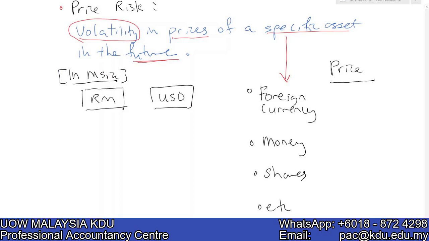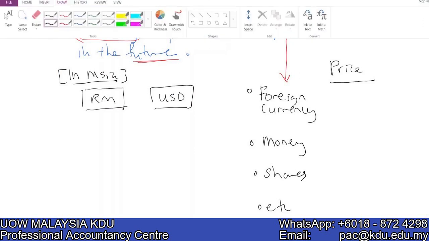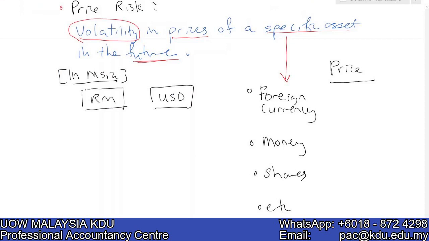In Malaysia, when someone shows you 2 pieces of currency notes, one is ringgit, the other is US dollar, and I ask you which one is a foreign currency? Well, I think everyone will be able to answer correctly. If you are in Malaysia, the foreign currency refers to the US dollar.